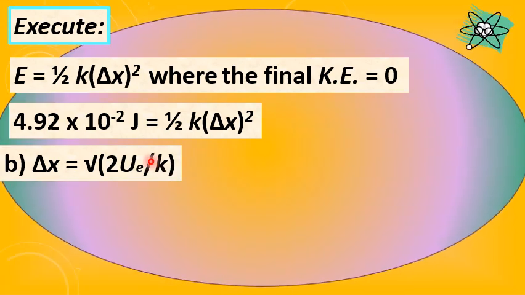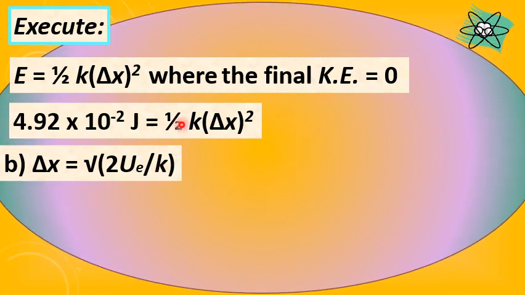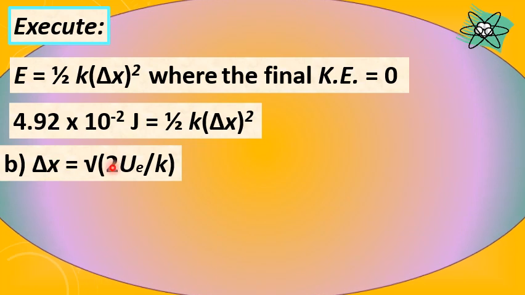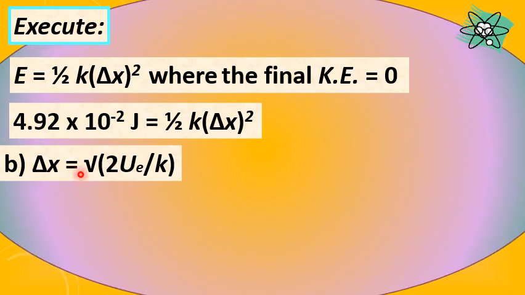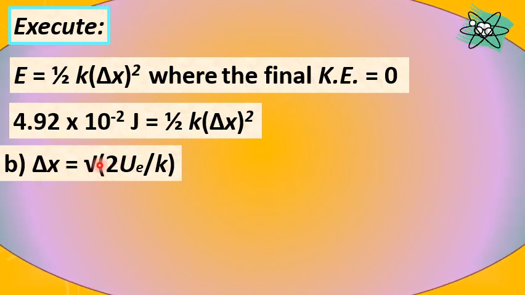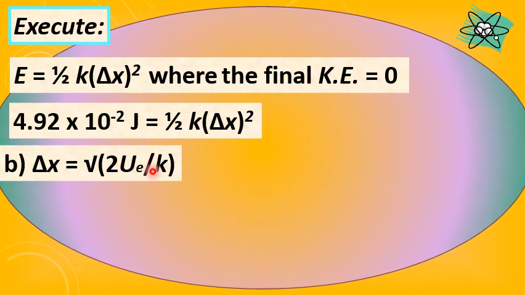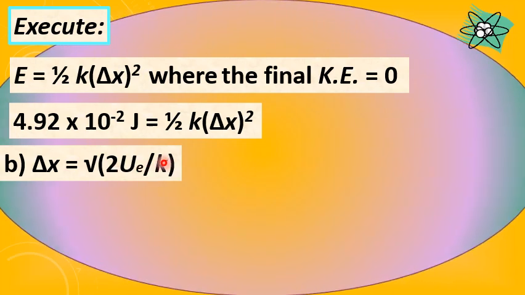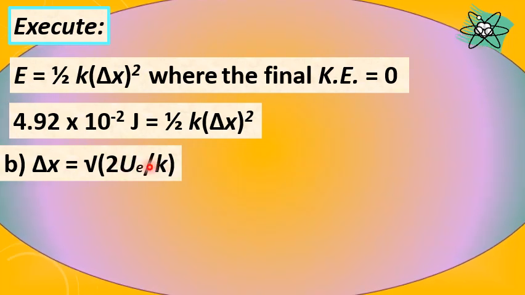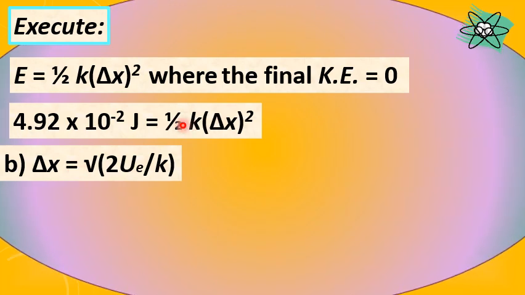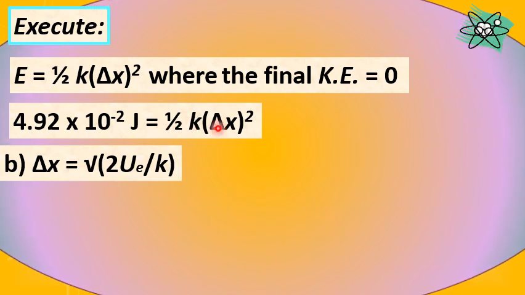So when isolated, delta X will become equal to the square root of twice the elastic potential energy over the force constant K. This comes out as a result of deriving the formula from here.